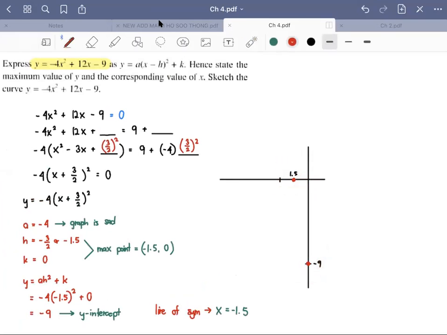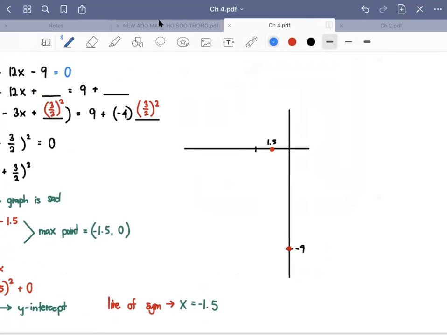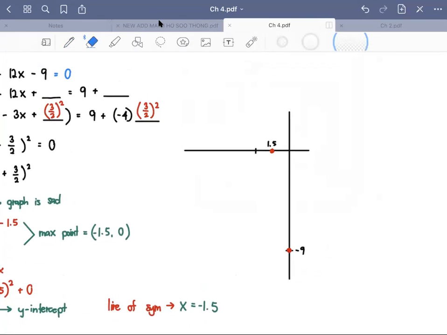And then what's next? I'll draw my line of symmetry to make it more balanced. Sorry, it's -1.5. It's not 0.5. Sorry, I'm wrong here. It should be right here. So let's say this is 1.5, and this is 1, it's not 0.5.